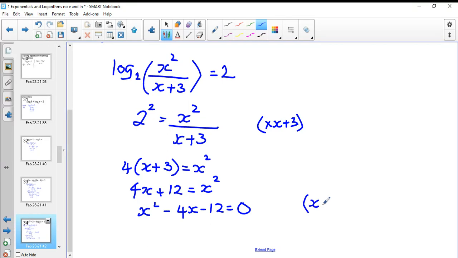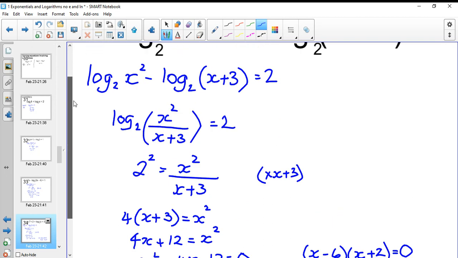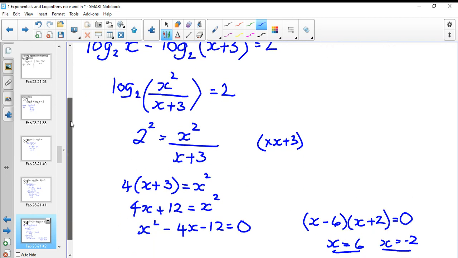So that's going to be x minus 6 and x plus 2. x equals 6 and x equals minus 2. So this time we got two solutions because we ended up with a quadratic, but it was exactly the same approach.